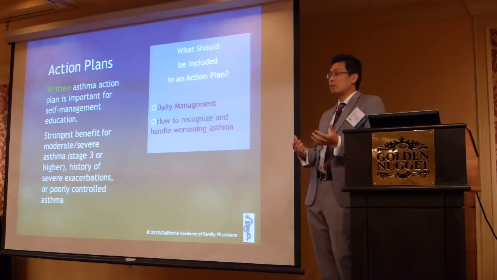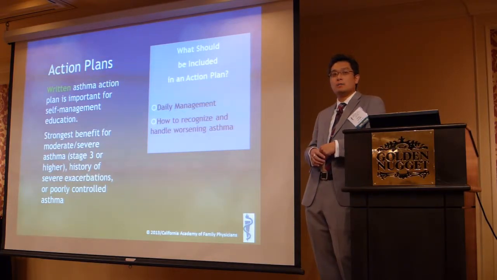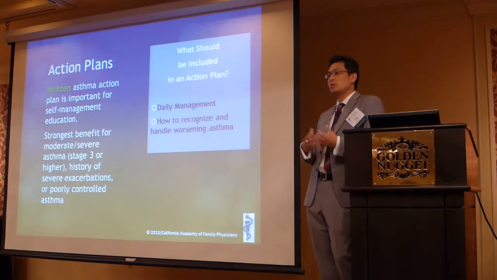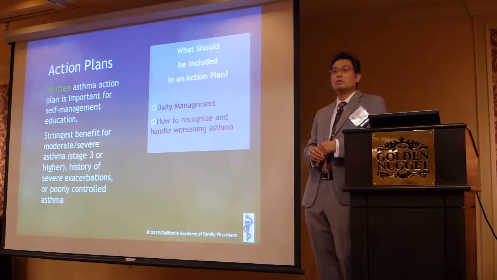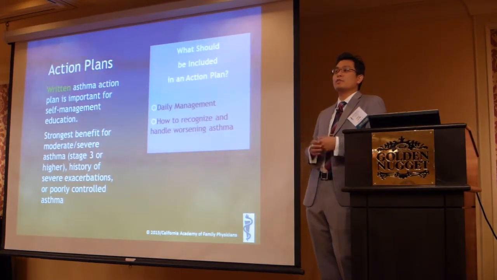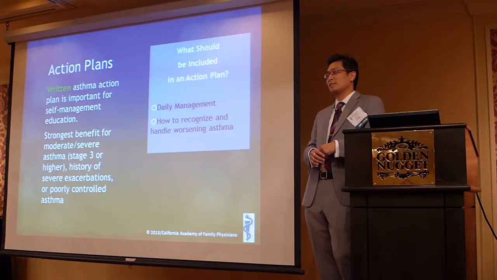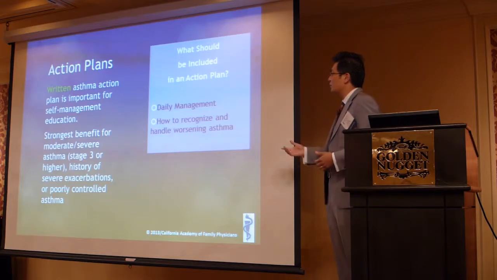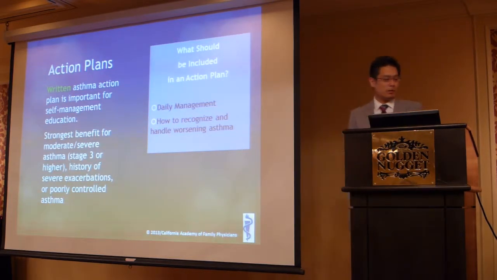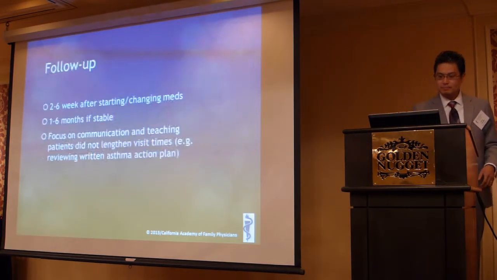So, especially for patients with severe asthma who have frequent exacerbations that land them in the hospital, land them in the ICU, patients who are getting intubated, having a written asthma action plan reduced their risk of dying by 70%. It's pretty shocking. There are very few interventions in medicine that are 70% effective, right? And so this is very important. We'll talk a little bit more about why that is.